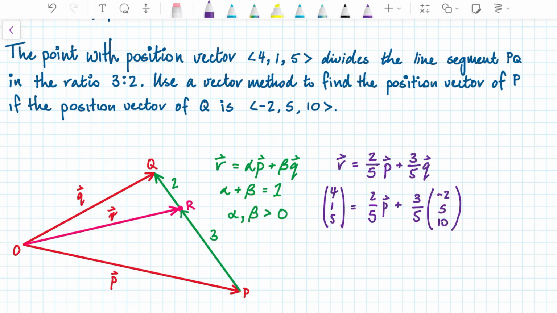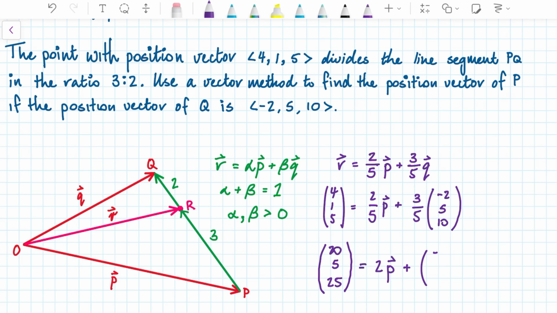The best idea is to multiply both sides of this equality by 5 to remove the fractions, and we get (20, 5, 25) is equal to 2P plus 3 times the position vector of Q.